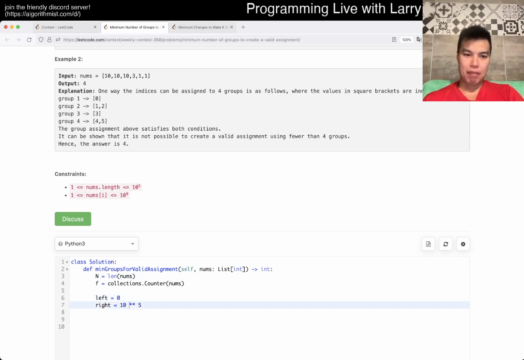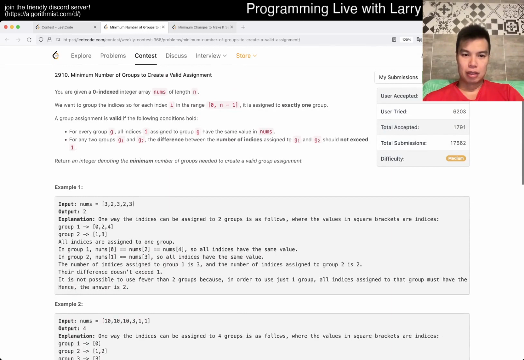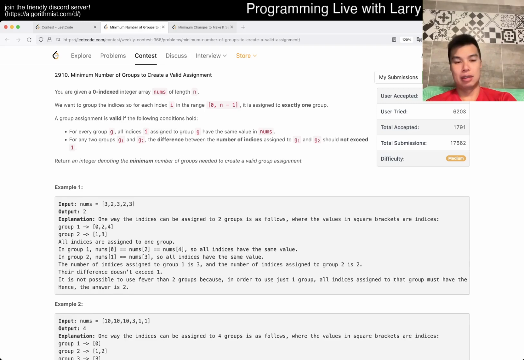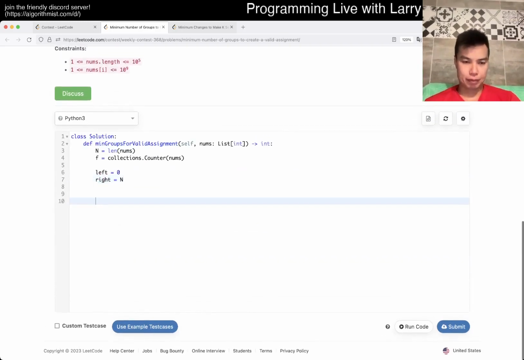So now this is the minimum number. Oh, the other one is minimum number of groups, and the minimum number of groups is going to be the maximum group size. So I think that makes sense. Okay.